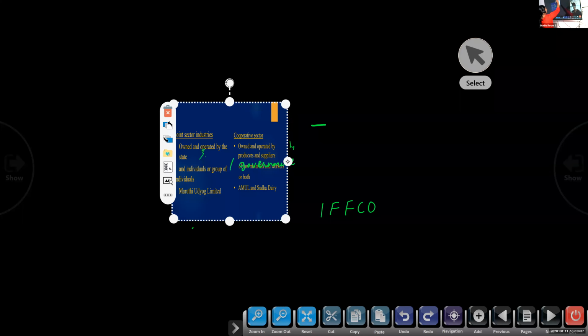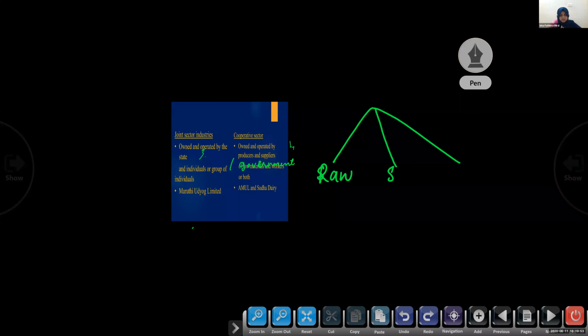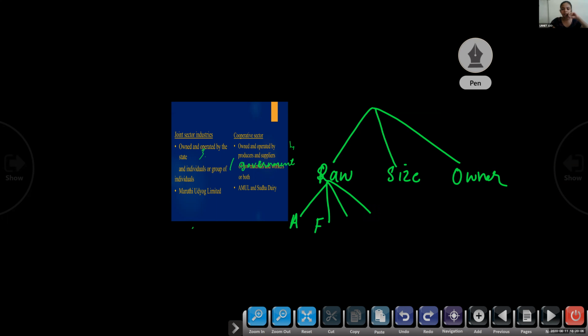Classification of industries, right? Three classifications are there based on, first, raw material, then size, ownership. On the basis of raw material, we have 4 classifications: agro-based industry, forest-based industry, mineral-based industry, marine-based industry.